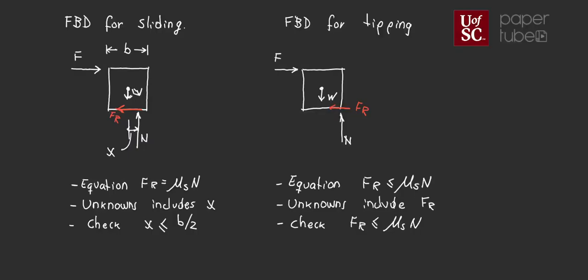You need to solve for that x, in addition to any other unknowns that you might have. And then your check is that your normal force is under the box, so that x is less than or equal to b over 2. If that's the case, then you have solved the problem. If your checks do not work out, it is because your initial assumption was incorrect, and you need to do the other free body diagram and solve for the unknowns using the other set of equations.